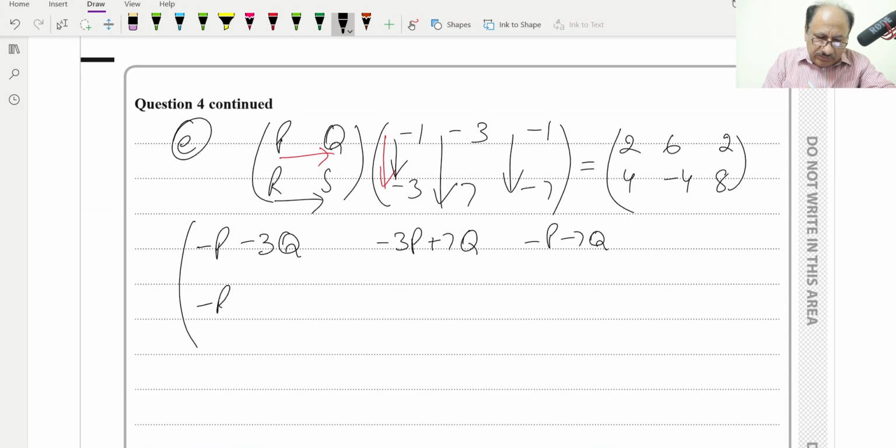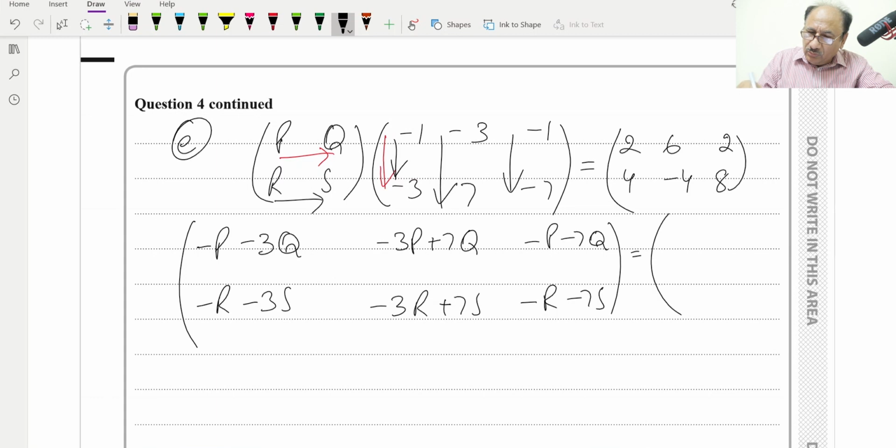So minus r and minus 3s, and similarly we'll multiply minus 3 with r, so minus 3r and plus 7s, and then we will be multiplying minus 1 with r, so minus r. Third column we are multiplying, so s with minus 7, so minus 7s.